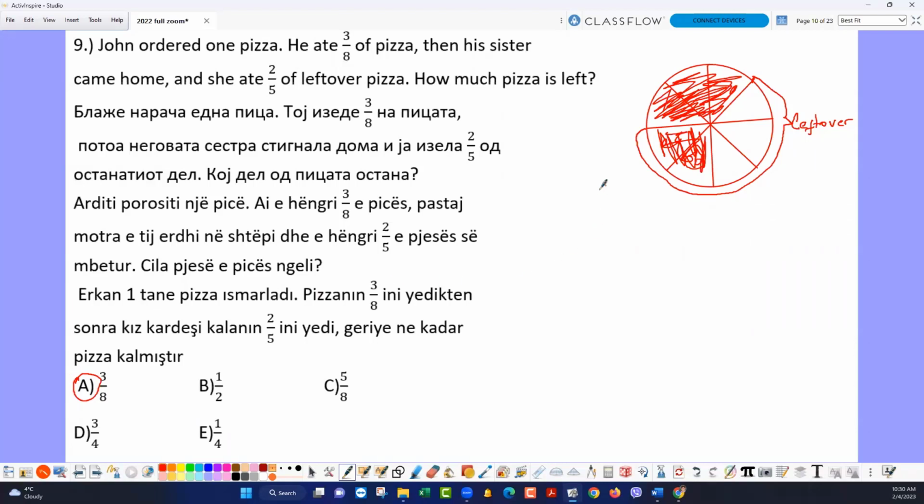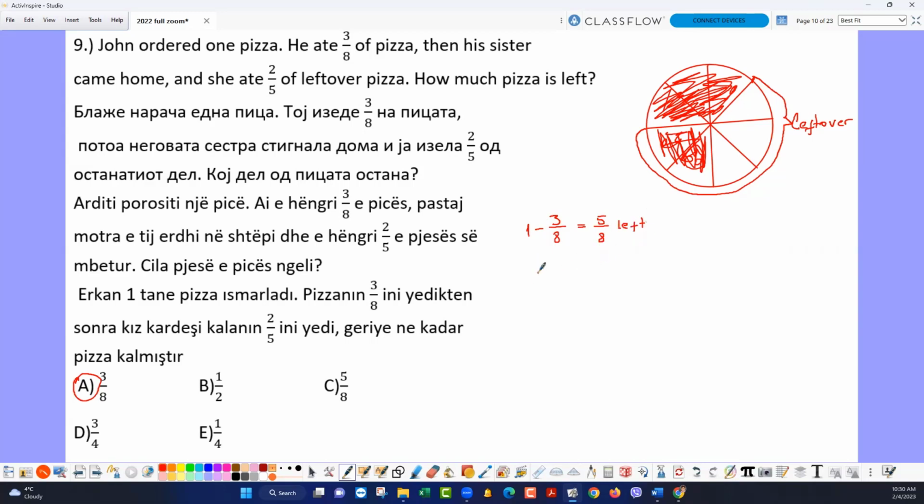If I do that one quickly, it's going to be like this: if he eats 3/8 of the pizza, then from the whole pizza, 1, if you subtract, 5/8 is left.